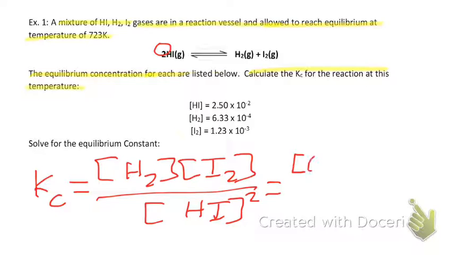We have 6.33 times 10 to the minus 4. You know what, I'm going to run out of room, so I'm going to erase this and try to make it even smaller.